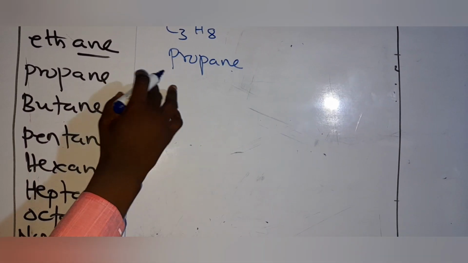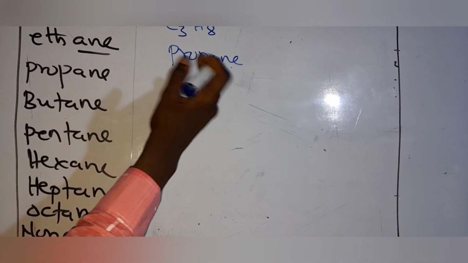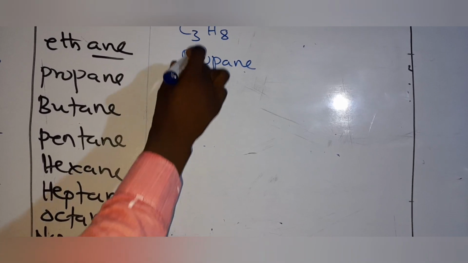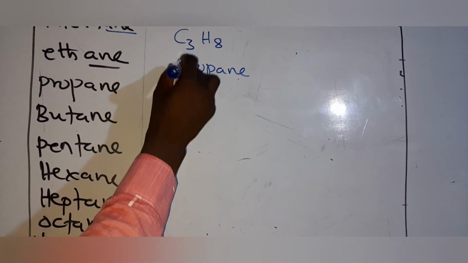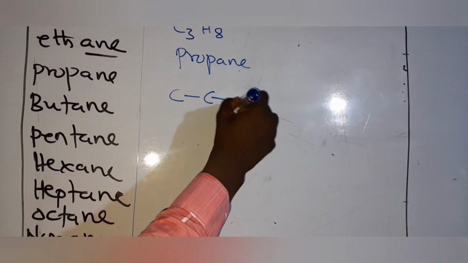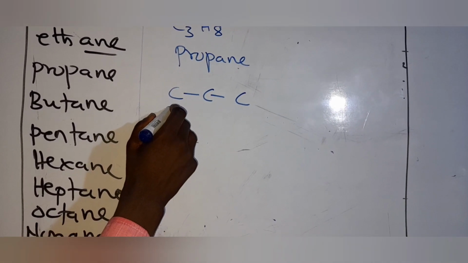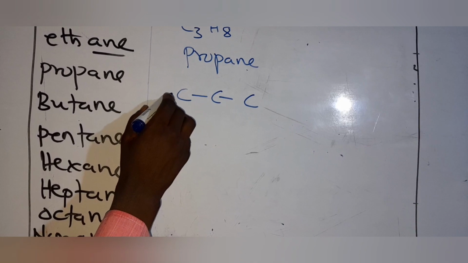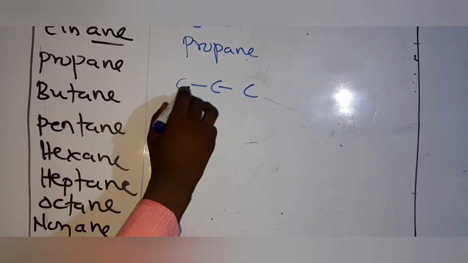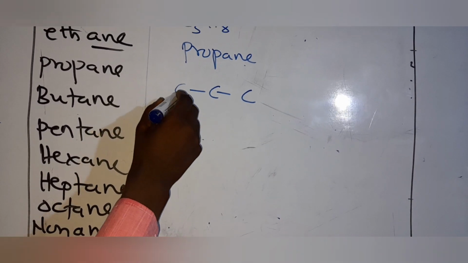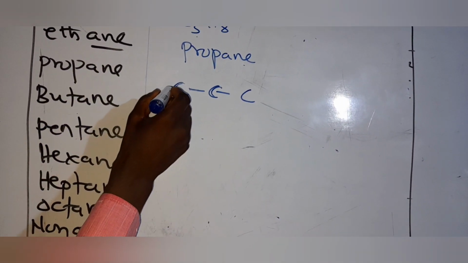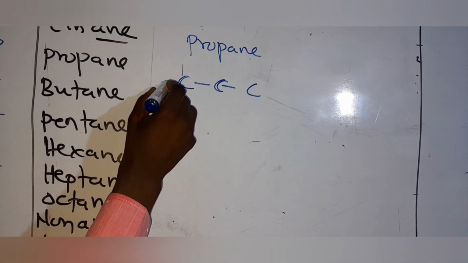Now what will be the structure? Let's look at the open structure. We're having 3 carbons. So we have 3 C. How many hydrogen? Just do 4 arrows for each carbon: 1, 2, 3, 4.